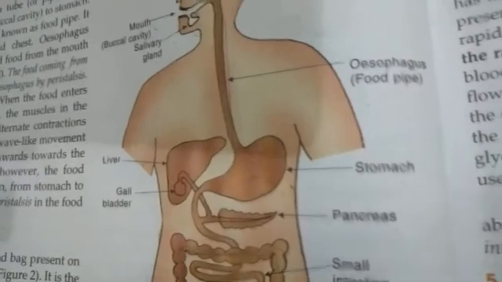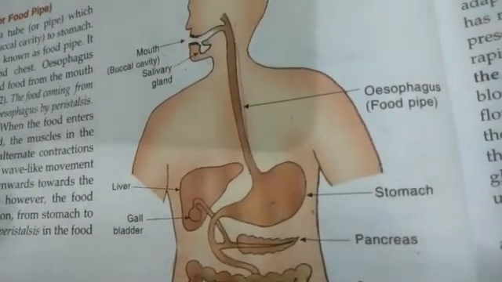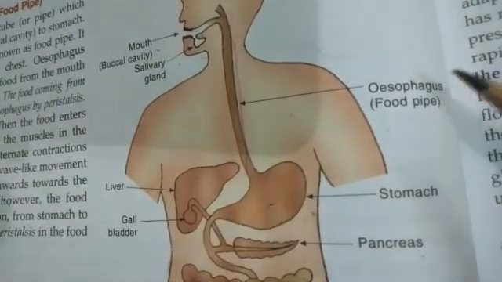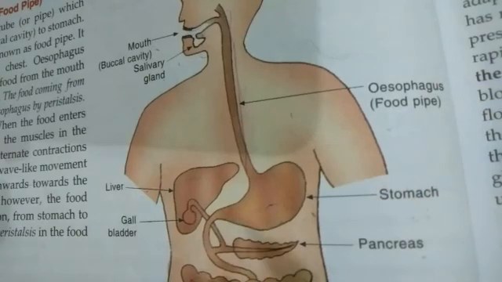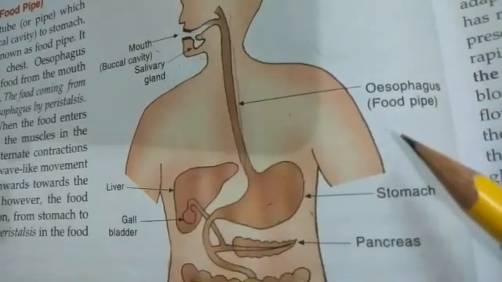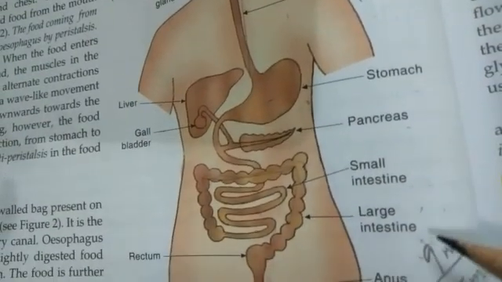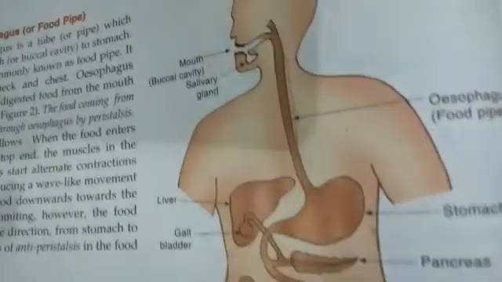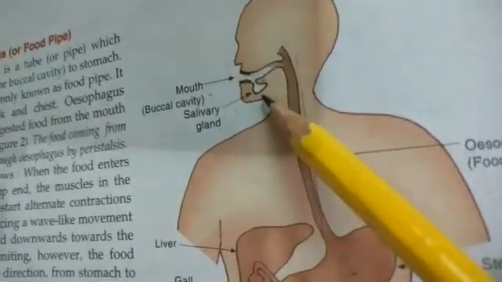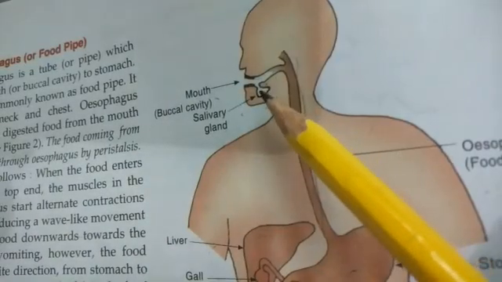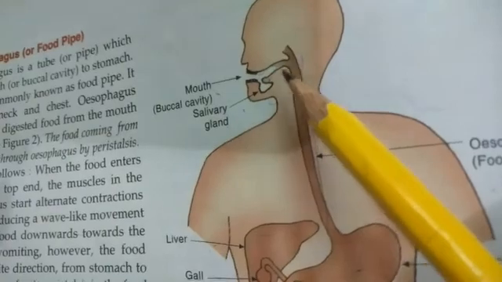After then we have discussed the topic that is nutrition in humans. The digestive system of human beings has main parts: mouth, food pipe, stomach, small intestine, large intestine. First of all, the ingestion of the food takes place with the help of the mouth, and the mouth contains what?